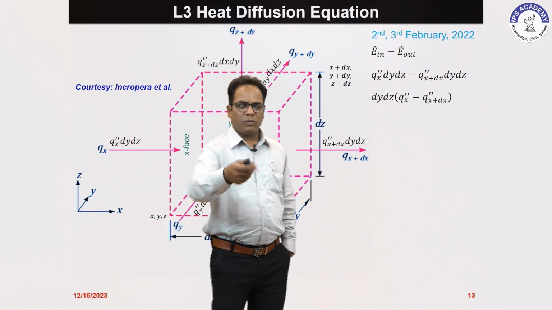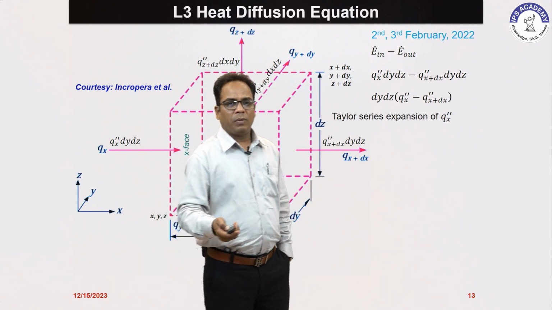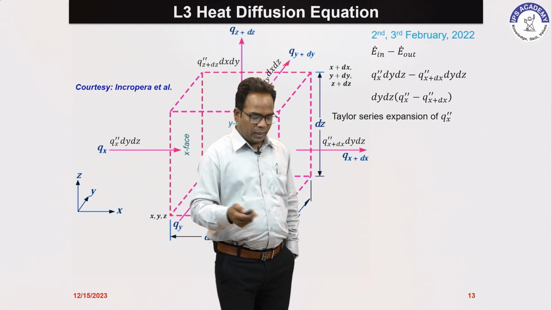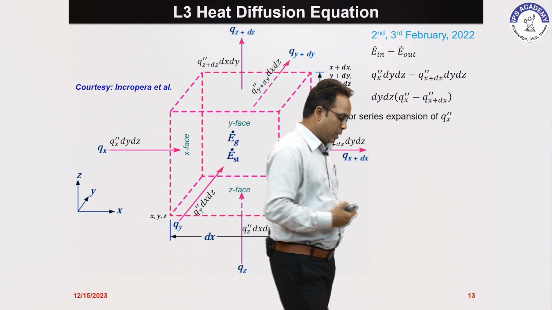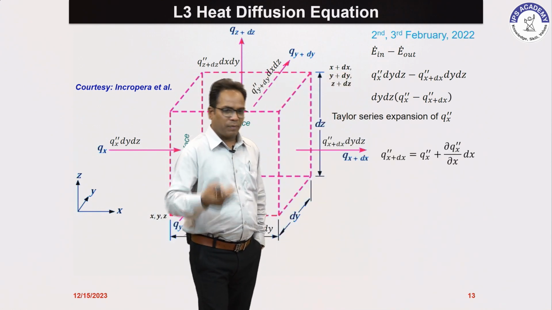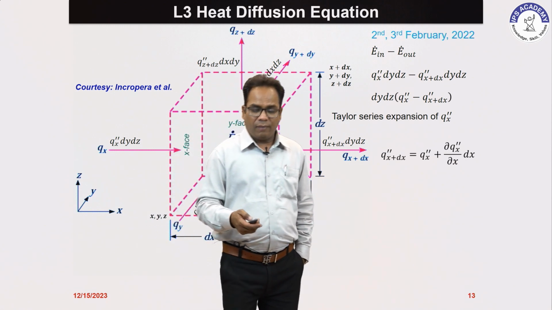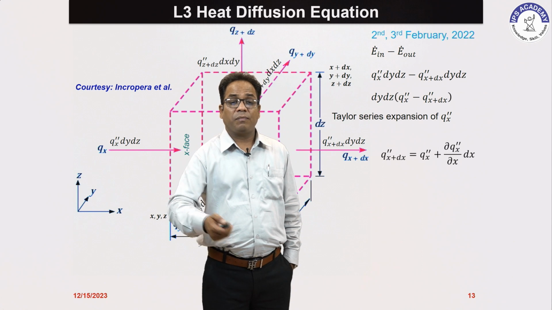So we have to do some mathematical operations. By using the Taylor series expansion, we can identify the amount of heat which leaves from the control volume.